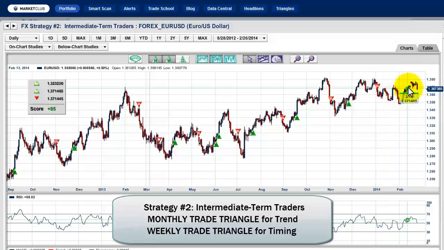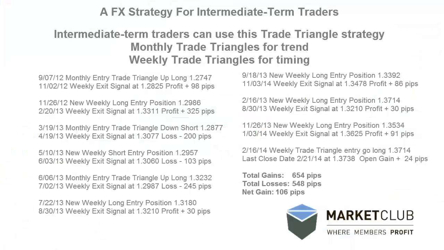We get long at 137.14, and the market closed on the 21st, which is our time period, at 137.38, which is right around these periods right here, and that produced an open gain of 24 pips. Let's take a look at those results right now and go through trade by trade. Okay, here we are at the FX strategy for intermediate term traders results page. These are all the trades I showed you on the chart with the results.